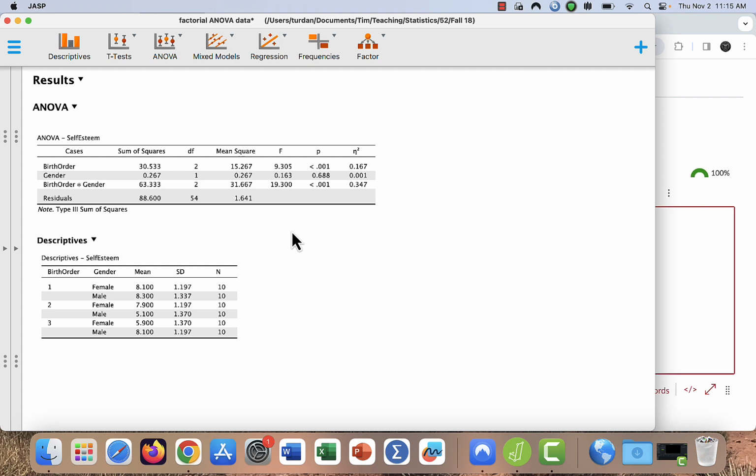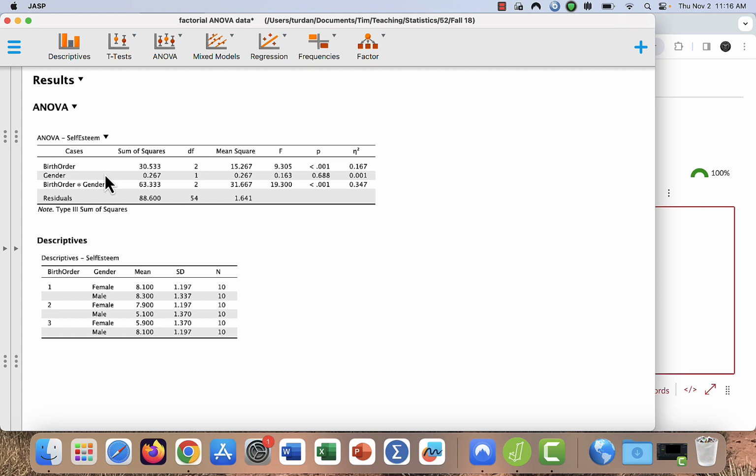The difference between the sample means did not occur by chance. Therefore, I know there's a difference in the population means of first, second, and third born children on self-esteem, but I don't know where that difference is yet. In addition, I know that 16.7% of the variance in self-esteem is explained by birth order.